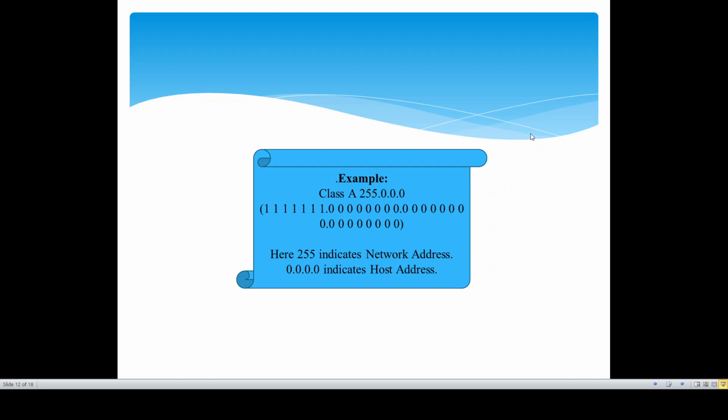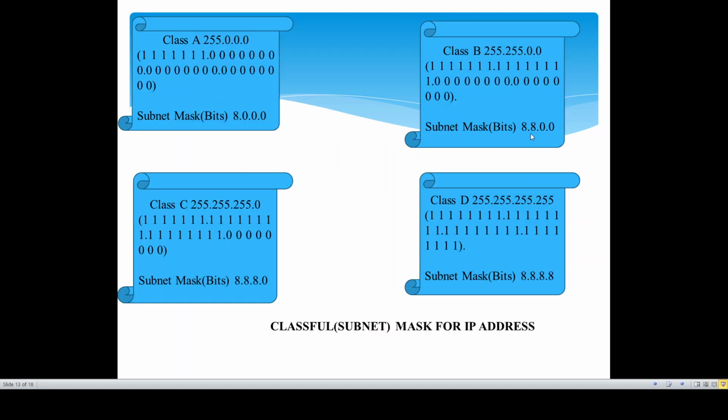Whatever the values where 1 is there are called the network address, and the balance zeros, 3 times zeros, are called the host address. Here I have given for all the 4 IP address classes. First class A, it is 255.0.0.0. So 8 ones will be there, the balance will be zeros, so subnet mask will be /8.